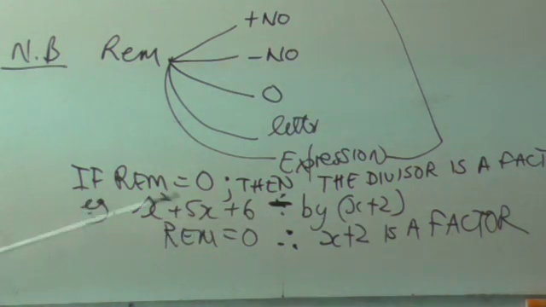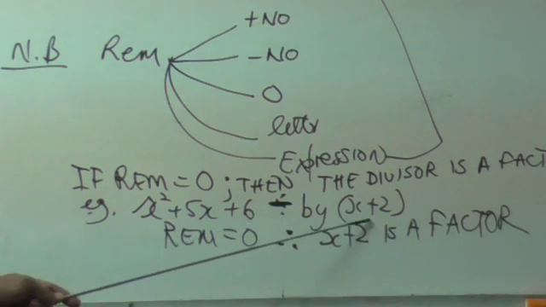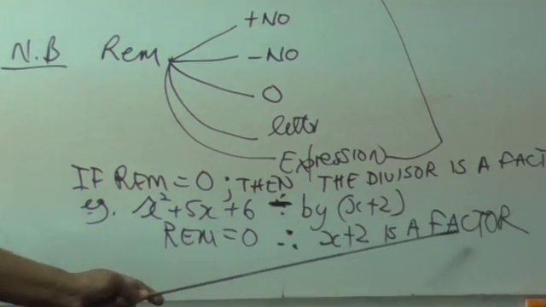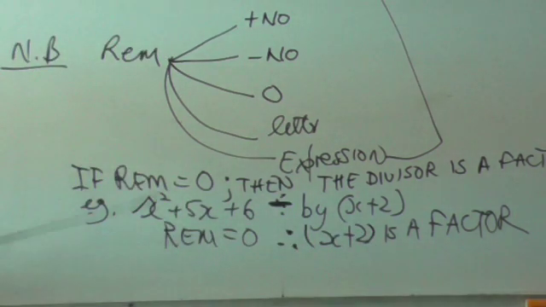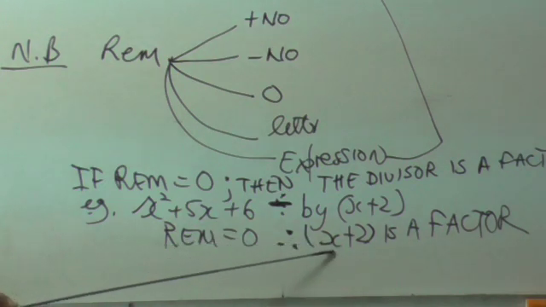If the remainder is not 0, then whatever is in the bracket is not a factor. If the remainder is 0, then whatever is in the bracket is a factor. So that's very important to remember.